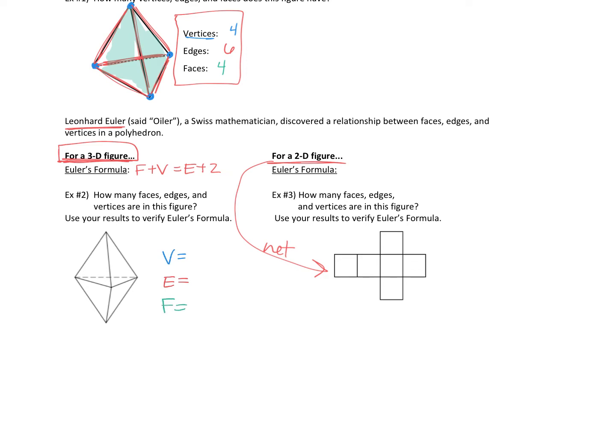Okay, so let's start with vertices here. There's 1, 2, 3, 4, and 5. Edges, 1, 2, 3, 4, 5, 6, 7, 8, and 9. And then faces, there is the face in back.